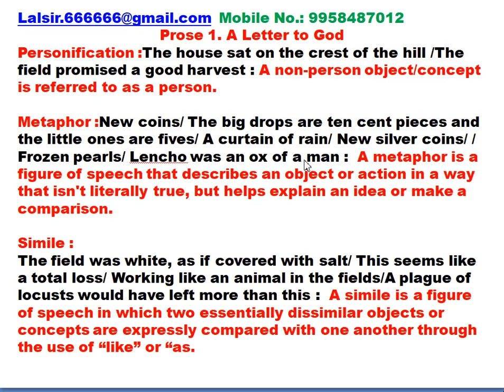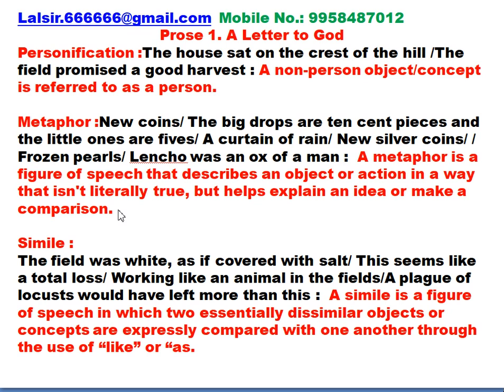Now these all are very good examples of metaphor. Let us understand what metaphor is. A metaphor is a figure of speech that describes an object or action in a way that is not literally true but helps explain an idea or make a comparison. We can also say briefly that metaphor is an implied fact.